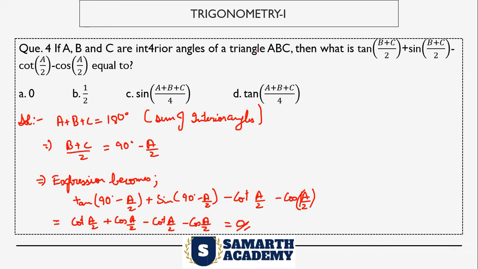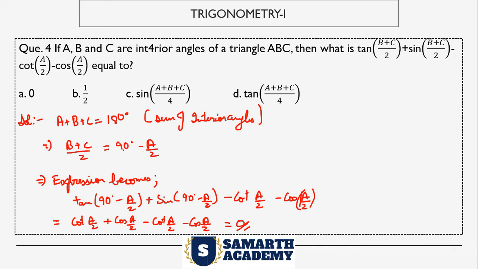If A, B, C are interior angles of triangle ABC, then what is tan B plus C by 2 sine B plus C by 2 minus cot A by 2 minus cos A by 2? If these three are interior angles, the basic property of a triangle is that the sum of interior angles is 180. Divided by 2, we get B plus C by 2 equal to 90 minus A by 2.